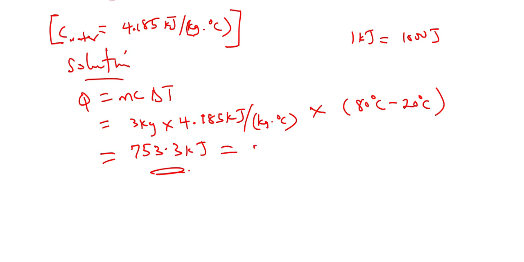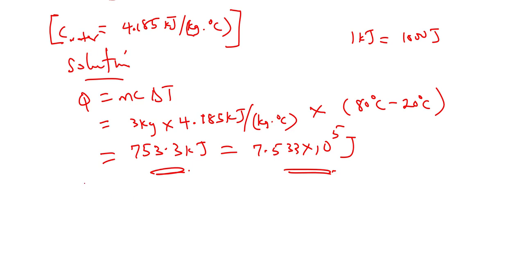Or you can write it as 7.533 times 10 to the power 5 joules. Kilojoule is 1000 joules. So that is about that.